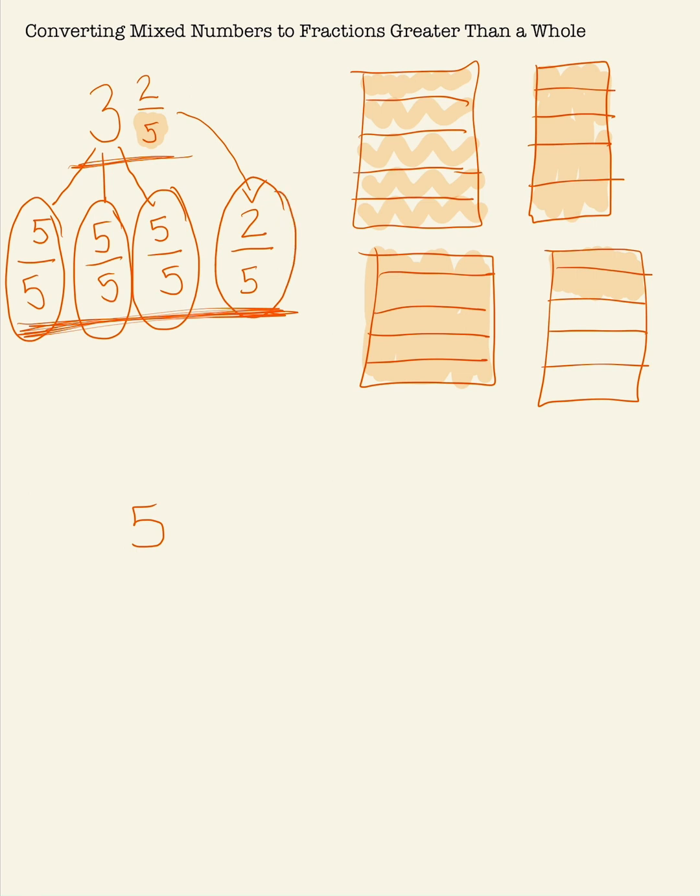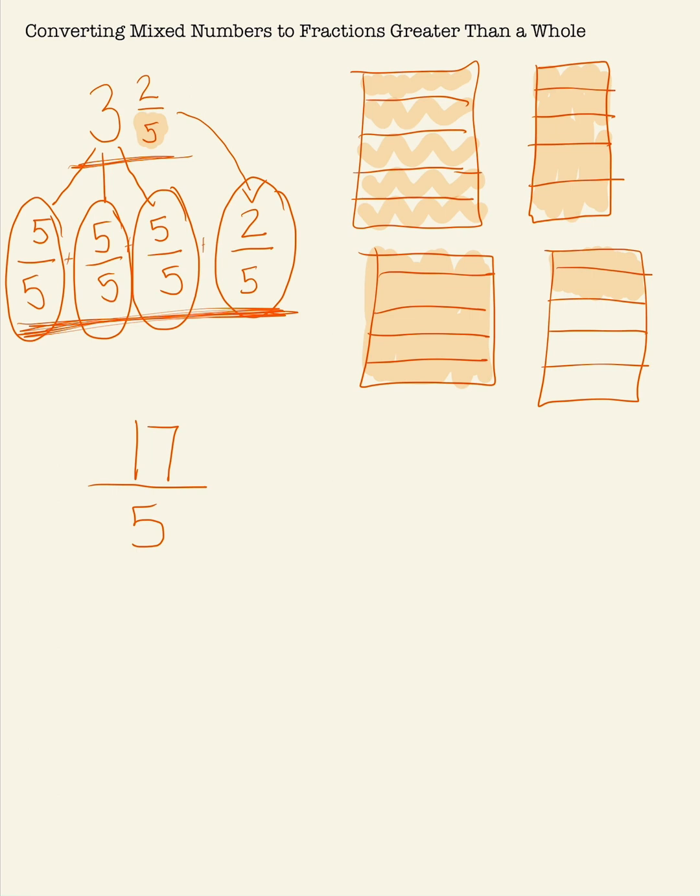So I know I need to add up the 5 plus 5 plus 5 plus 2. So 5 plus 5 is 10, plus 5 is 15, plus 2 would be 17. So 3 2/5 converted into a fraction that is greater than a whole would be 17/5.